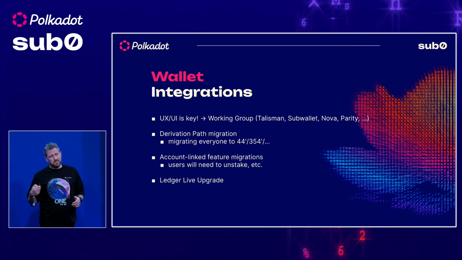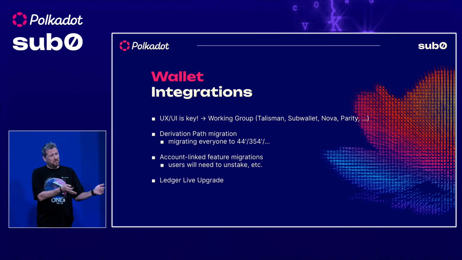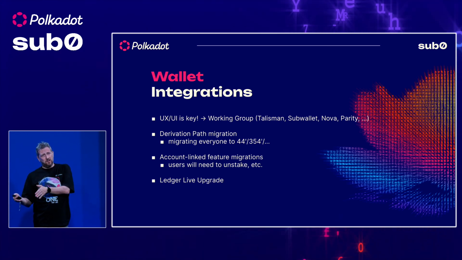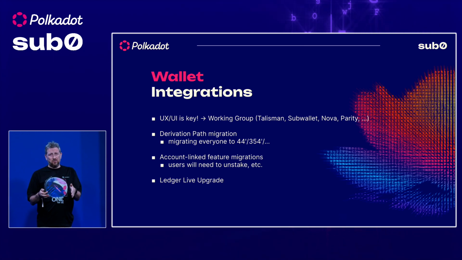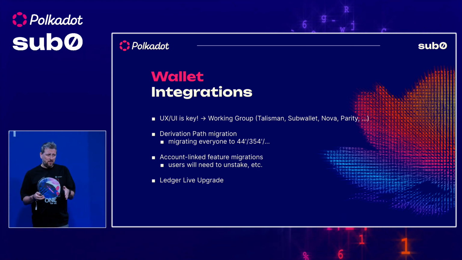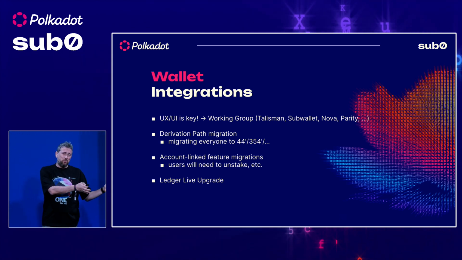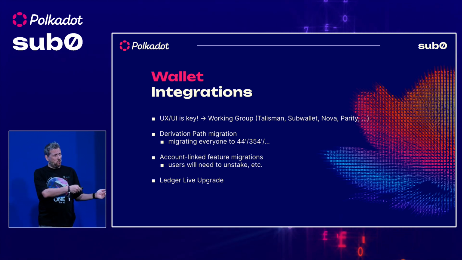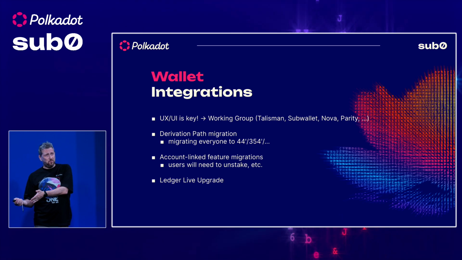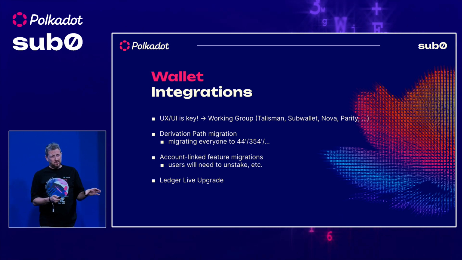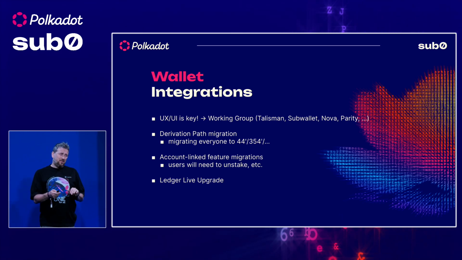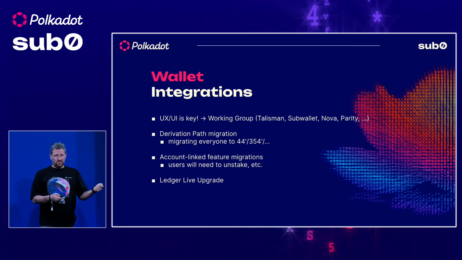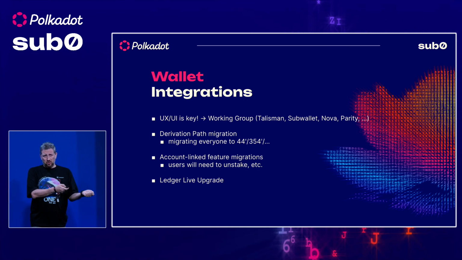So after some work and discussion with other teams, we decided to move everyone towards the same derivation path that Polkadot is using, also applicable for Kusama. That means we will provide another application, a migration app, that will allow everyone to come to the Polkadot derivation path. That will help with situations where people participated in crowdloans with parachains that didn't have enough traction and got their funds locked.